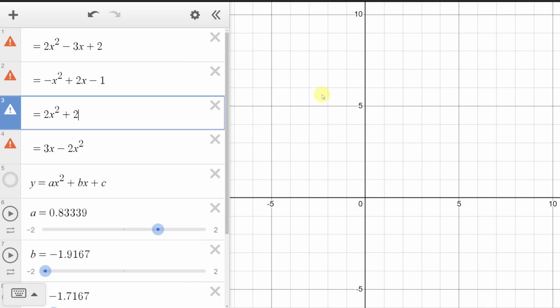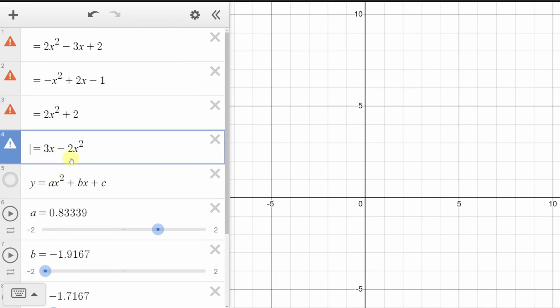We should expect the function's branches to go up, cross the y-axis at point 2, and symmetrically rise up. So our b is 0, so it should be symmetrical. Let's check that out. Yes, exactly.